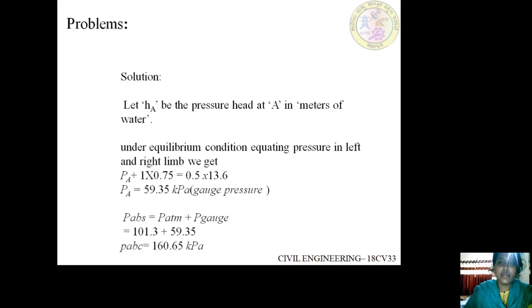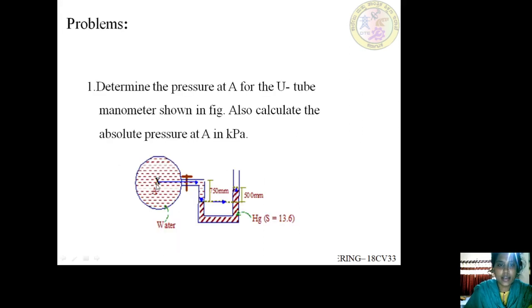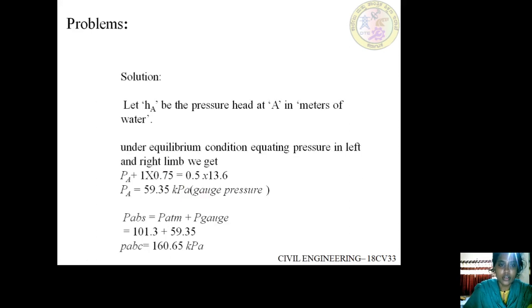Solution: under equilibrium condition, equating the left limb and right limb pressure, we will get the value of PA. So here, see here, PA, this is pressure at A, plus the pressure exerted by this liquid contained in the pipe, that is rho g h, equal to the pressure in the right limb.